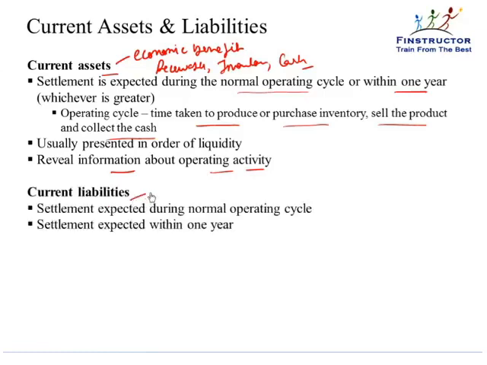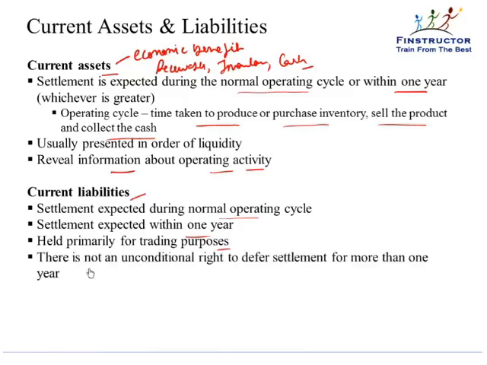Current liabilities, likewise, are those where the economic costs are expected to be realized within the normal operating cycle or within 1 year. A liability will also be called current if it's held primarily for trading purposes, like short-term debt or short-term instruments.